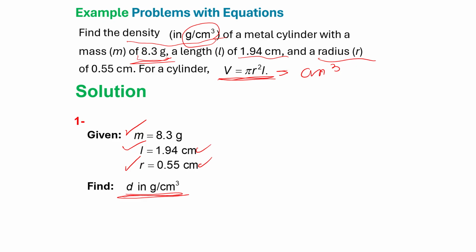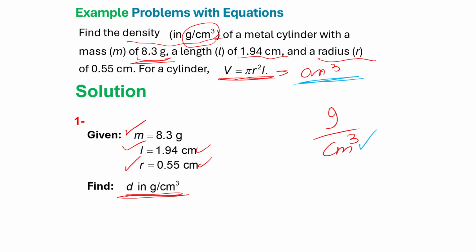And since you have density, so to find the density you need what? As I said, even if you don't know the formula for density, you can just look at the unit. So in the unit it says you want centimeter cube, so this formula gives you that.